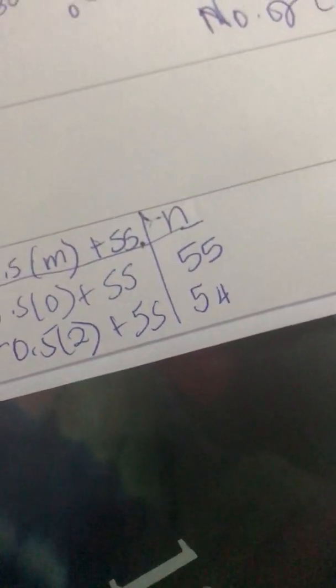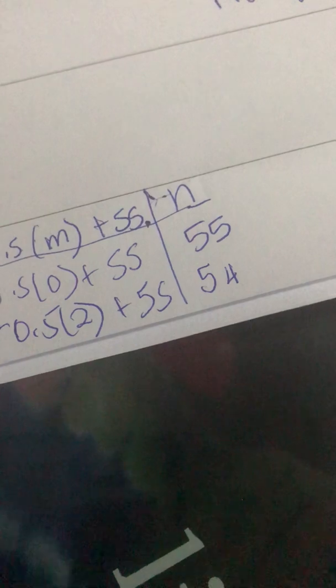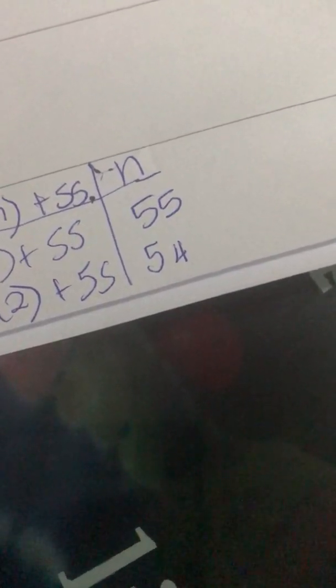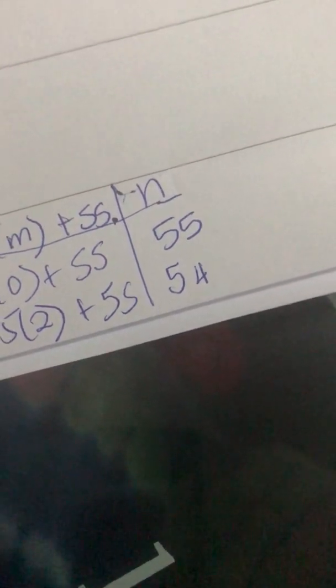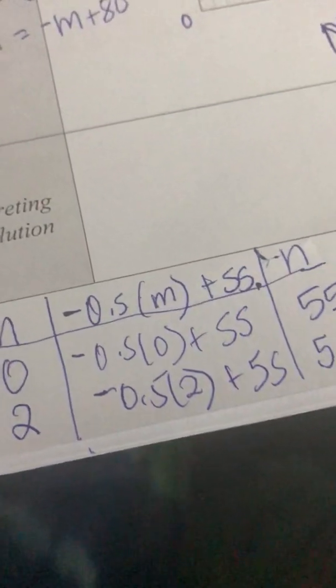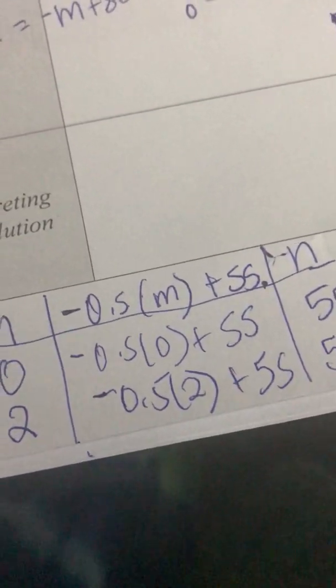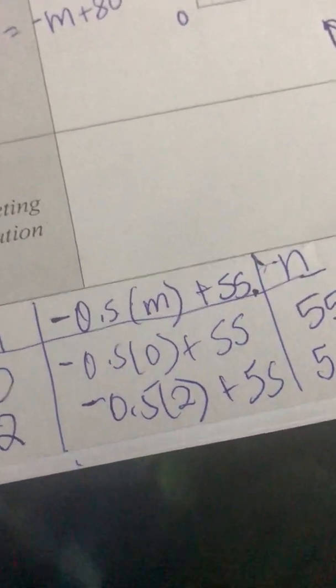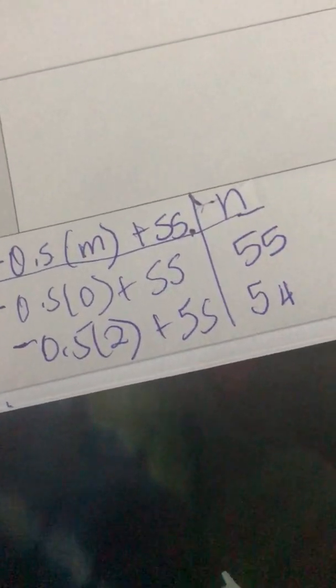Change this to 6, I get 52. Change this to 8, I get 51. Change this to 10. So negative 0.5 times 10 plus 55 gives me 50.